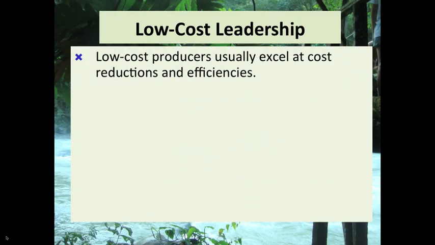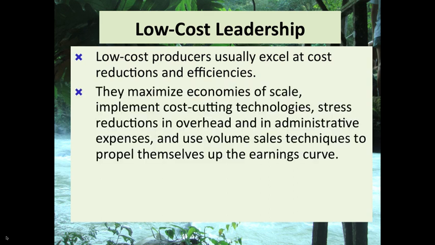Low-cost producers will need to excel at cost reductions and efficiencies. So the primary focus of your strategy would be to develop cost efficiencies and maintain them. That's what Walmart does throughout their operations. They try to maintain lower cost of production. You want to maximize your economies of scale, so it is about getting your demand up quickly.